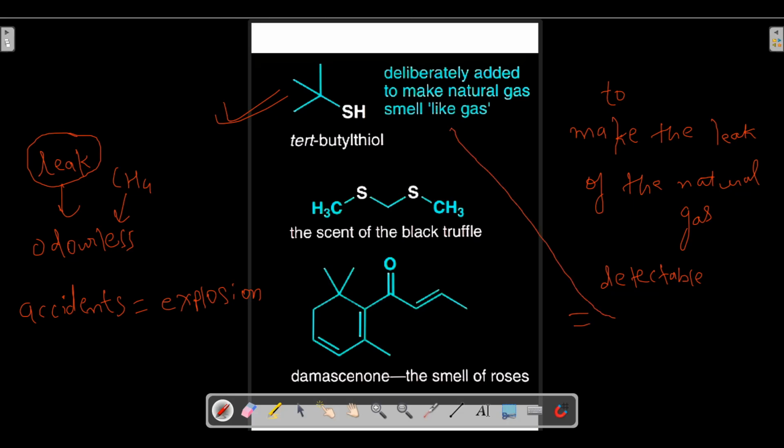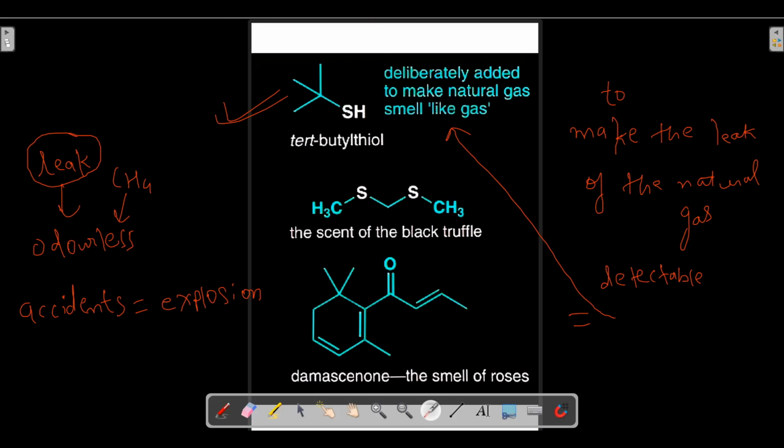This particular compound is added to make the leak of the natural gas detectable and to avoid accidents. This compound's name is tertiary butyl thiol. It is deliberately added to natural gas so that the natural gas smells like gas.